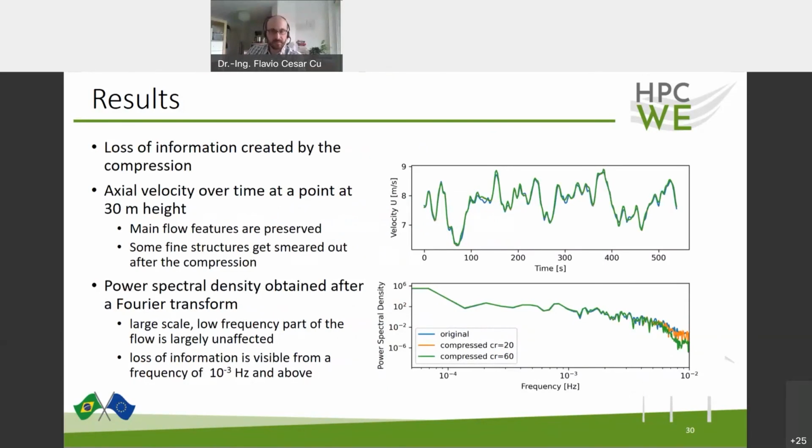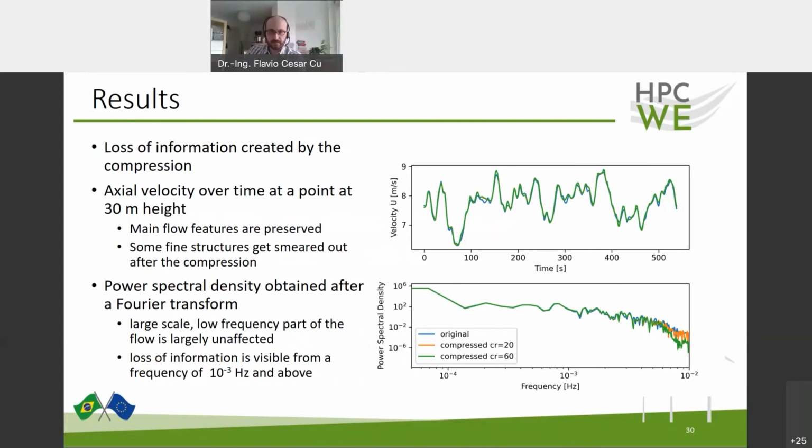Naturally, with lossy compression, we have a loss of information created by this compression. Here we see the profile of the axial velocity at a point 30 meters high. We see that the large scales are well captured, but we have, for example in this region here, a small discrepancy due to the compression.